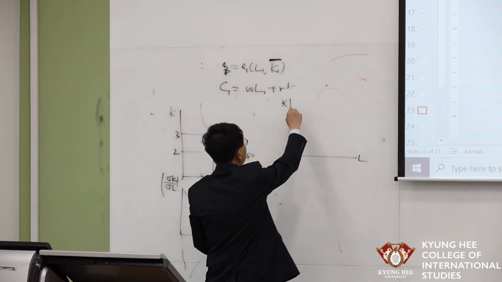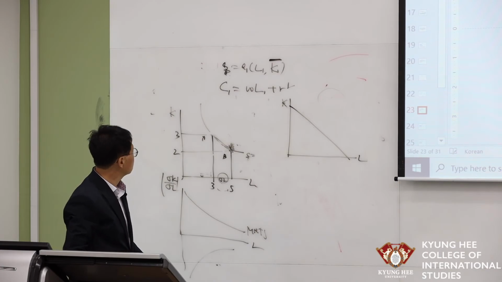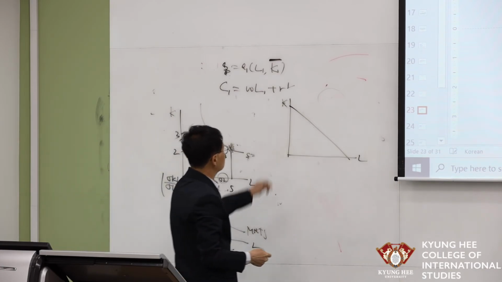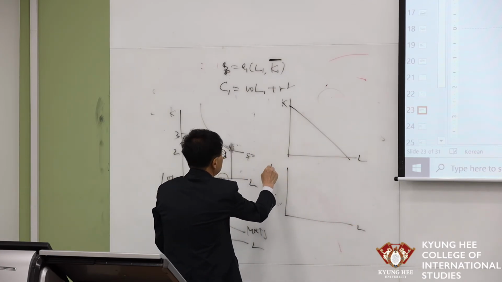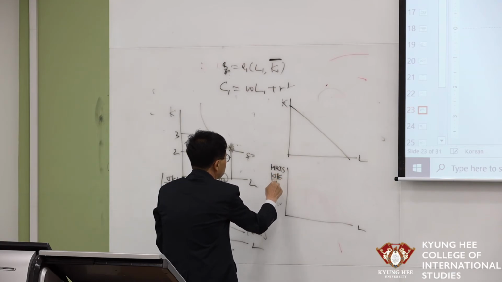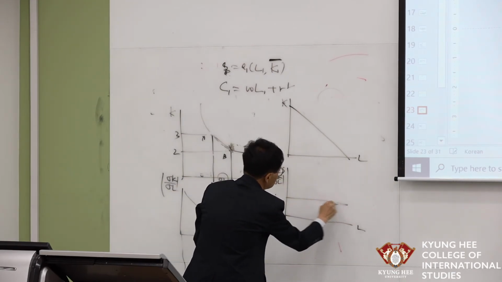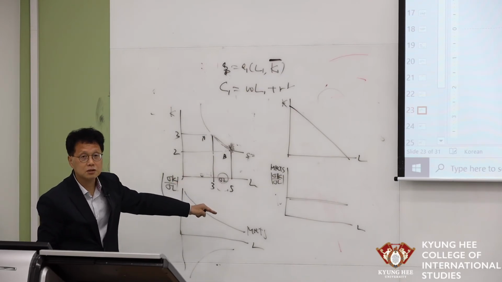Perfect substitutes. Then it is a straight line. Right? The production function isoquant is just a straight line. Then MRTS, the absolute value of change in K over change in L, is just a constant number compared to the usual function. Quite different, isn't it?